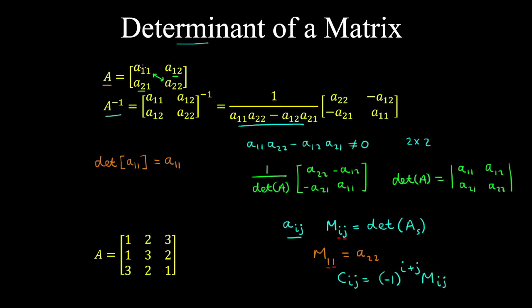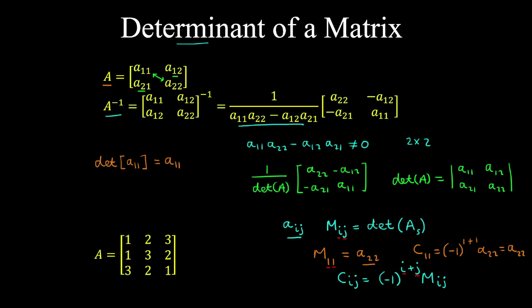So in our case, the cofactor of the entry in row 1, column 1 is minus 1 to the power of 1 plus 1 by the minor, which gives the same result. So effectively, when i plus j is odd, then you get a negative sign behind the minor.